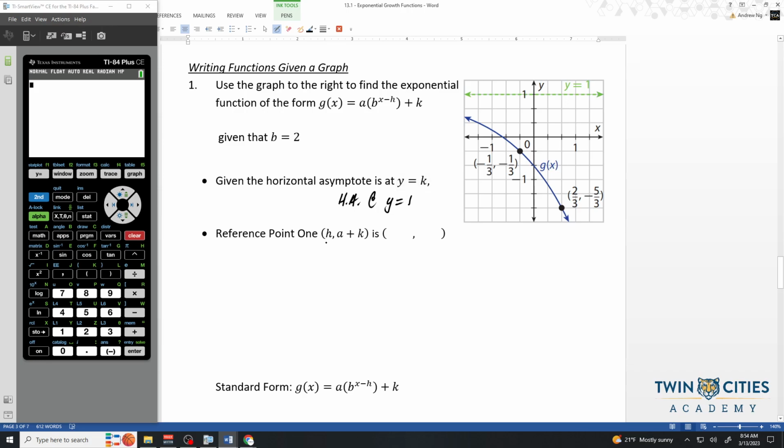Now my first reference point. Okay, so my first reference point is going to be negative 1/3, negative 1/3. I always look for the one to the left. If I'm given 2, pick the one on the left.